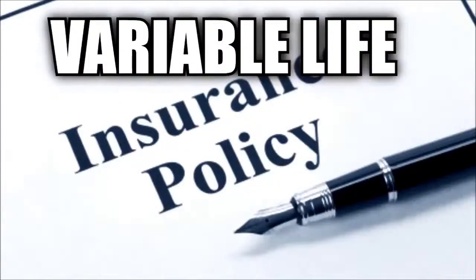The separate account is comprised of various investment funds within the insurance company's portfolio, such as an equity fund, a money market fund, a bond fund, or some combination of these.